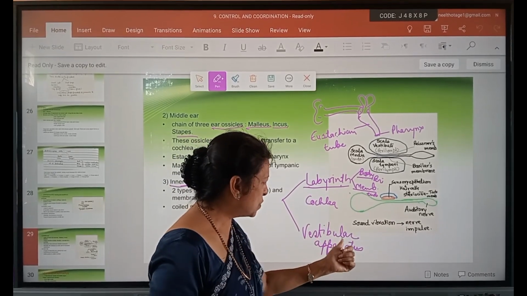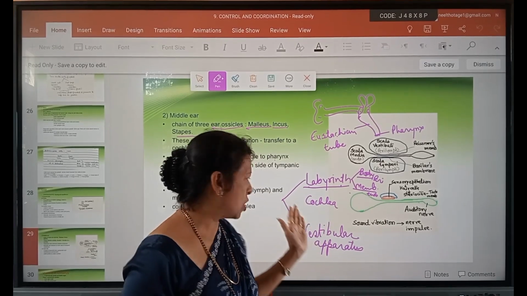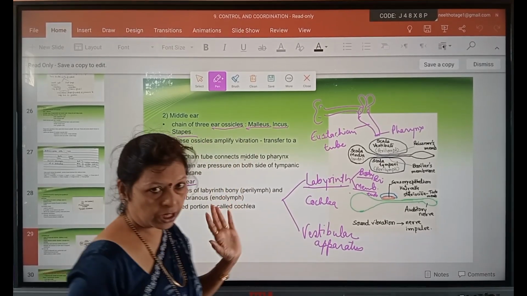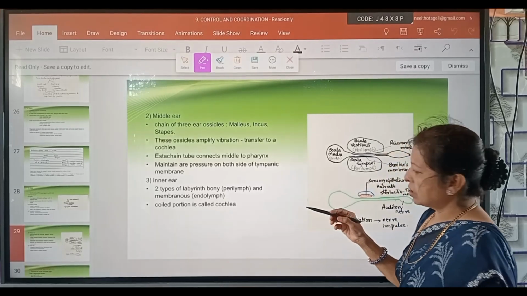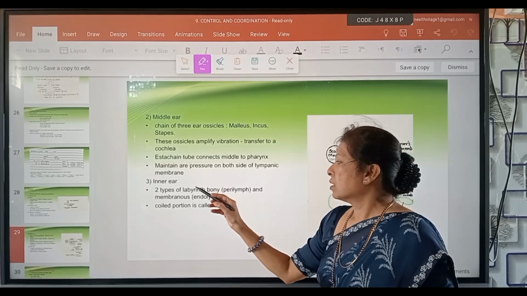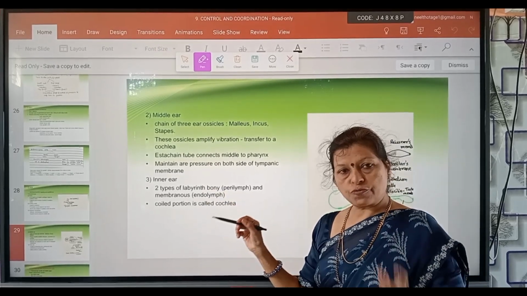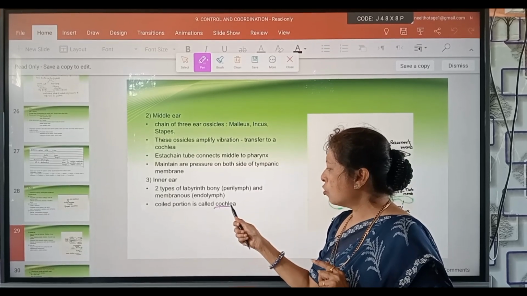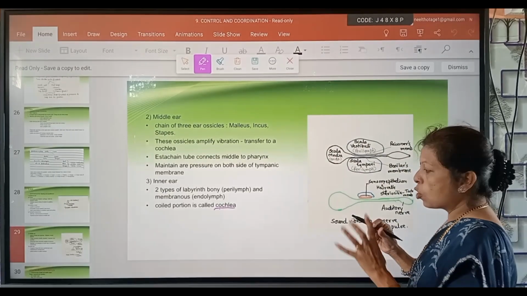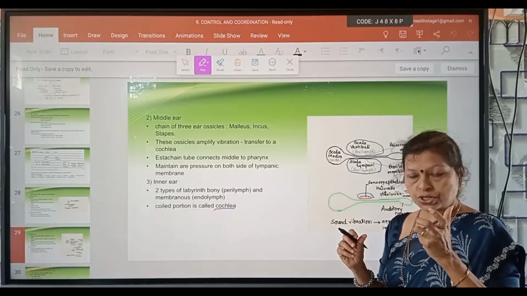Then the vestibular apparatus is another part of the inner ear. As I said, the coiled portion of the labyrinth is called the cochlea. Now what is this cochlea? The cochlea is a coiled structure.